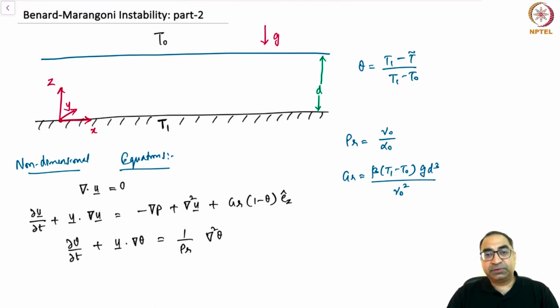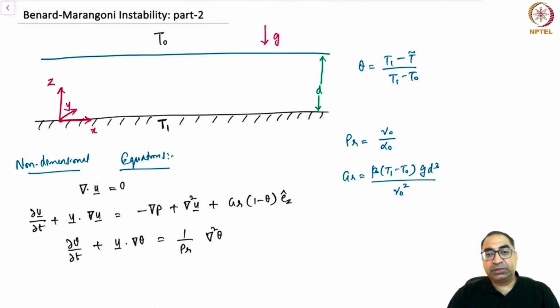During non-dimensionalization, we also encountered two non-dimensional parameters. The Prandtl number is a ratio of kinematic viscosity to thermal diffusivity. It tells us how fast momentum diffuses in the fluid relative to diffusion of the temperature field. Similarly, we have a Grashof number, which tells us the ratio of buoyancy forces to viscous forces.